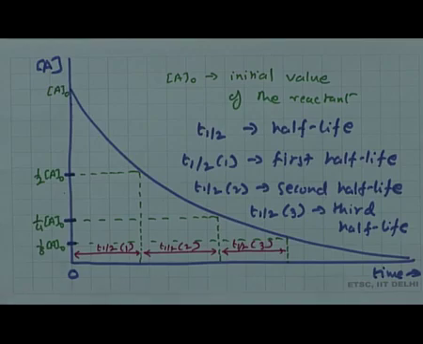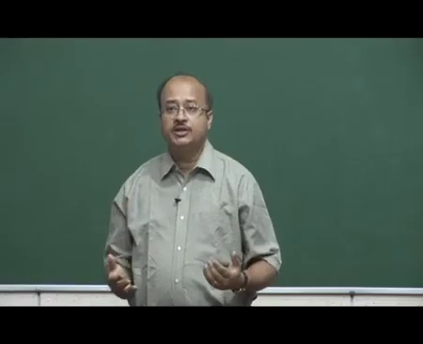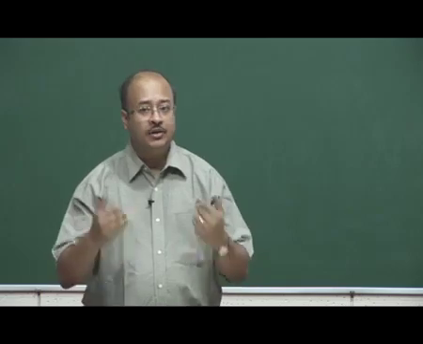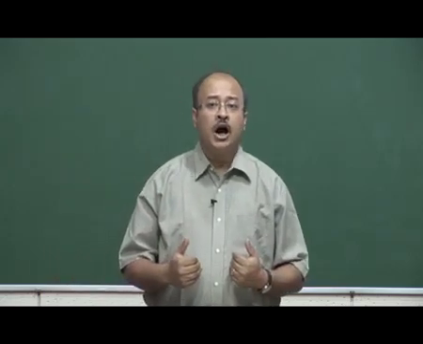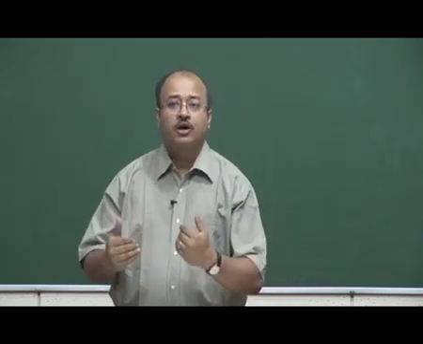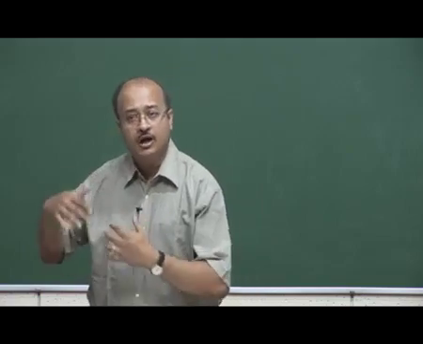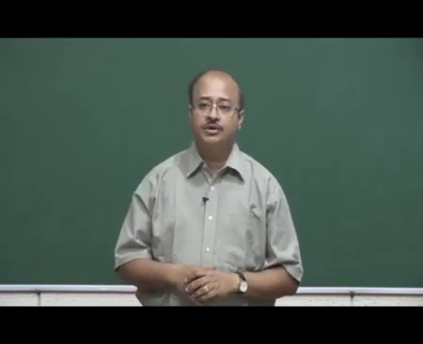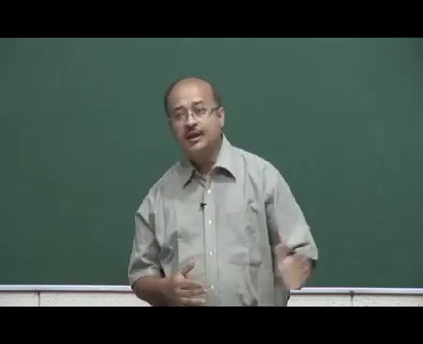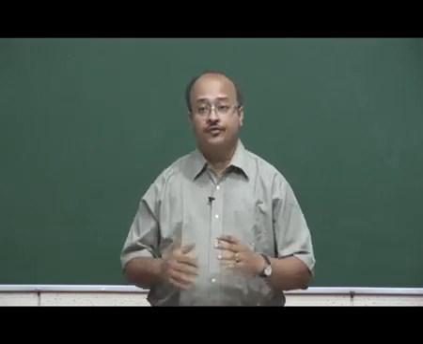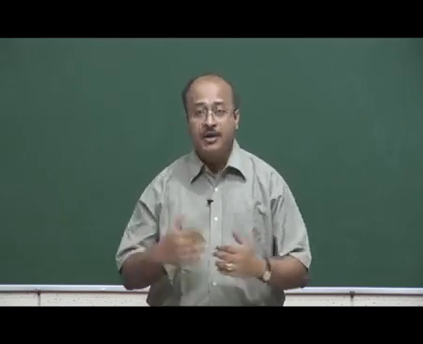Now, what is the significance of this? Why do we consider this to be a preliminary check? It would not be clear right now to you. It will only become clearer if I start discussing the integrated rate expressions or the integrated rate laws, and then bring this concept of half life in and make the connection.